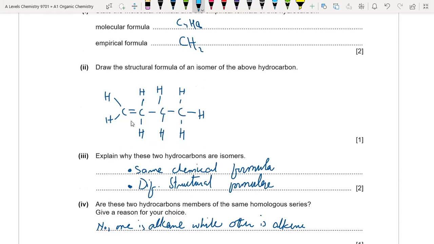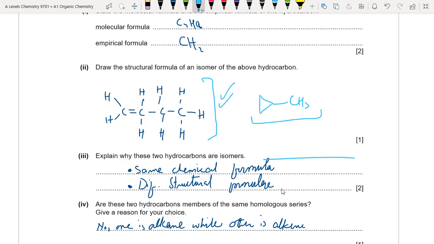1-butene, 2-butene, or we can draw this like this. This is an alkane and this is an alkene. So we are going to answer according to this statement. Explain why these two hydrocarbons are isomers.